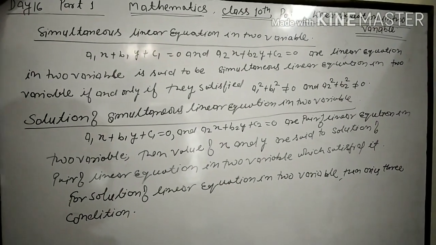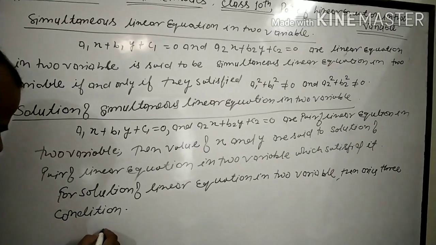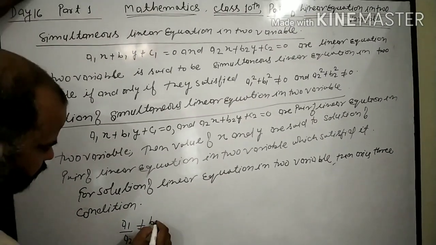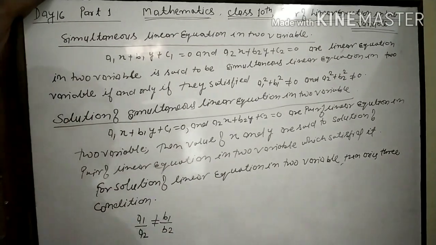First, if a1 upon a2 is not equal to b1 upon b2.